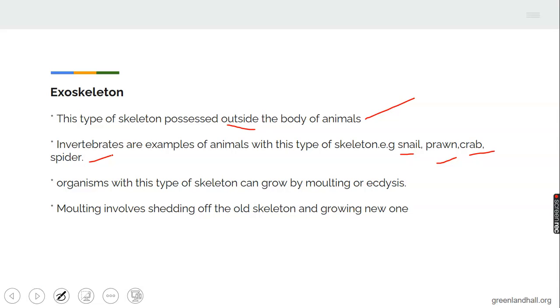Since the skeleton is present outside the body, we say they have exoskeletal system. Organisms with this type of skeletal system can also grow by molting. I said the other time that molting involves shedding of old skeleton and growing new ones. The old ones will be removed and replaced by new ones. Any organism that can do this is said to grow by molting.